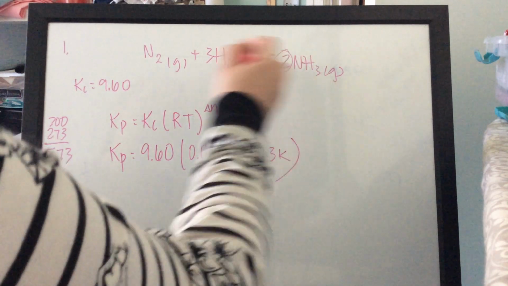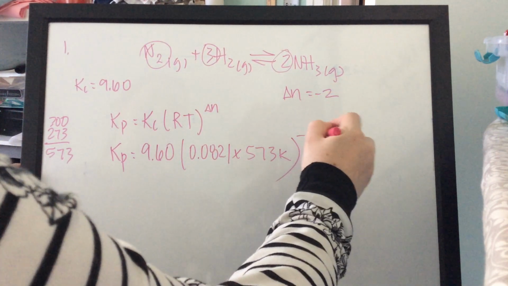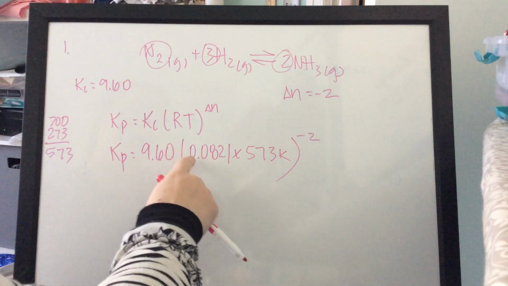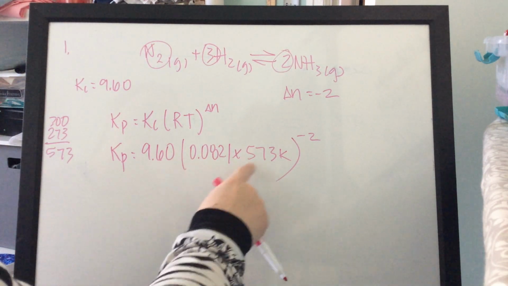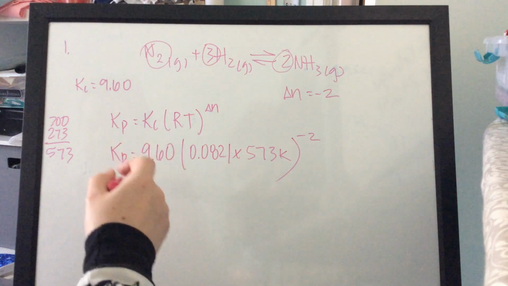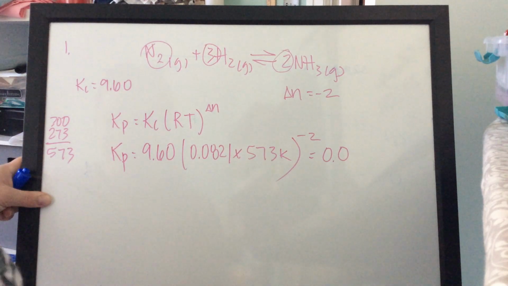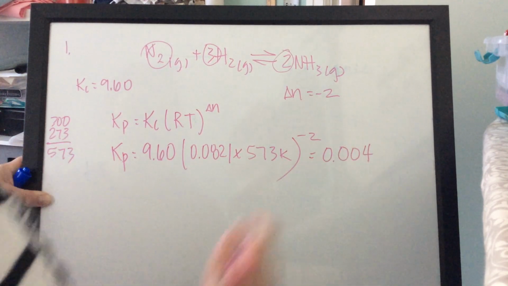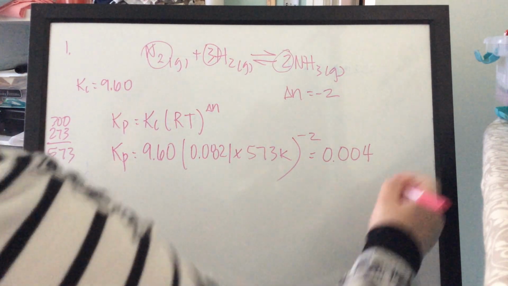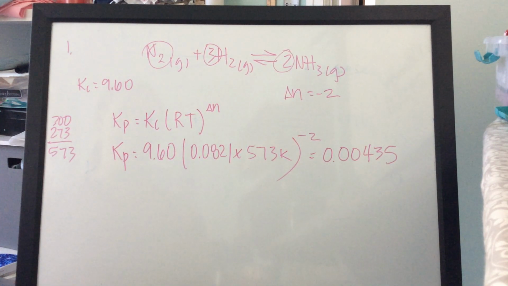And again, that was the 2 minus the 4. So delta N in this case is -2. So I'm going to take this 0.0821 times 573, raise it to the -2 power on my calculator, and multiply it by 9.60. And I got something that looked like this as my value of Kp.